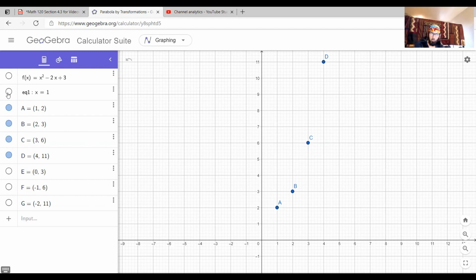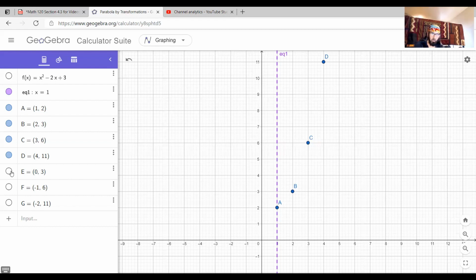The vertex has an x coordinate of 1, and the equation x equals 1 gives us the axis of symmetry. So I could go, since this point here, 2, 3 is 1 unit right of the axis of symmetry, I could go 1 unit left and have the same y coordinate.